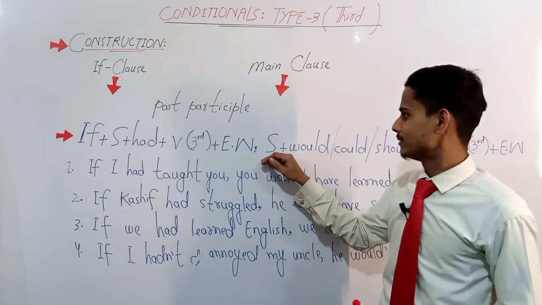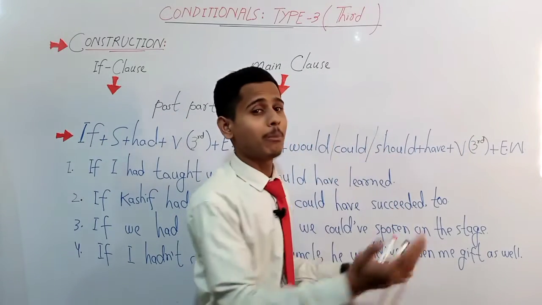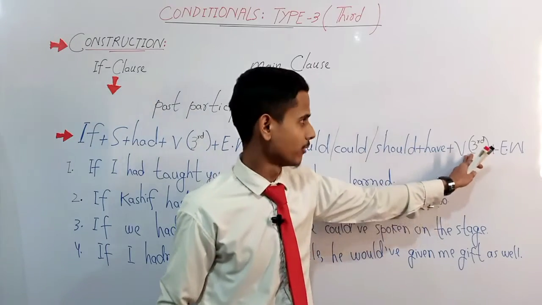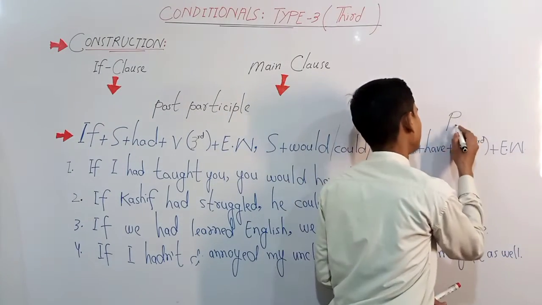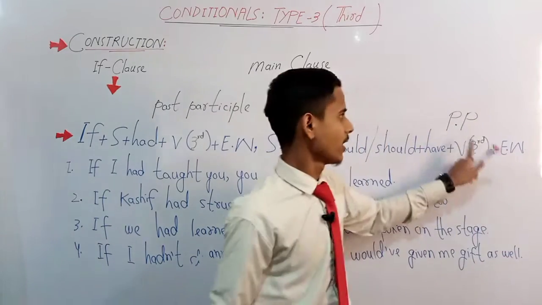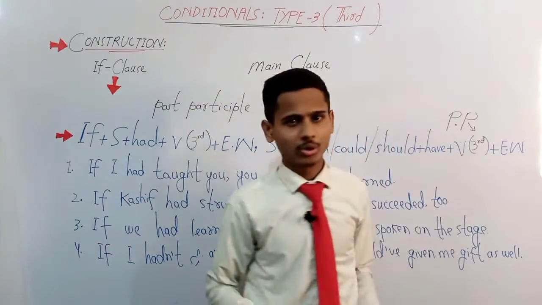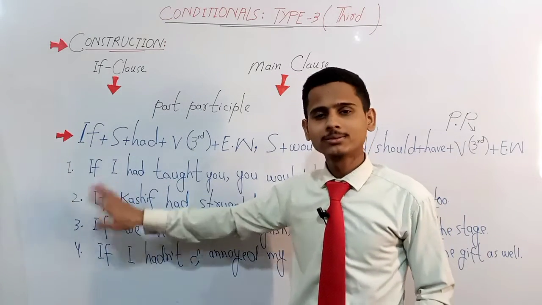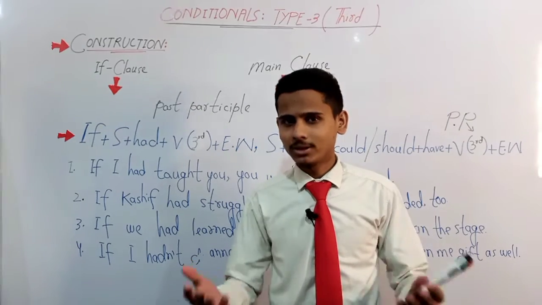Then we have subject plus would, could, should, or even might plus have, and then the third form, which is the past participle form, plus extra words.